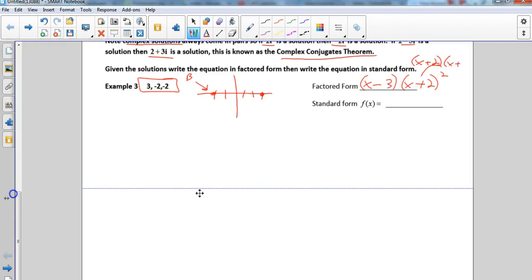Either way is fine. Whatever way works for you to understand it better. And now what we're going to do is multiply those out. So once again, you can FOIL x plus 2, or the shortcut: square the first, multiply and double, and square the second.